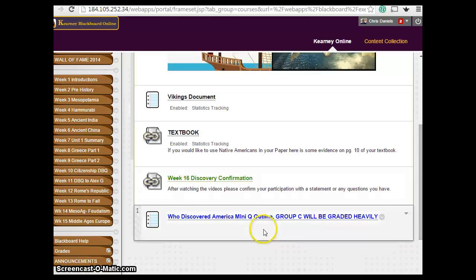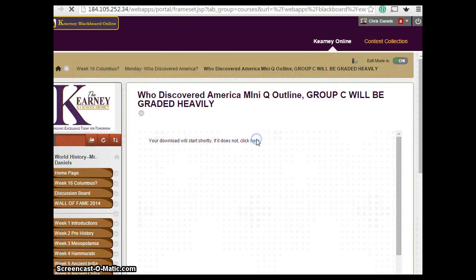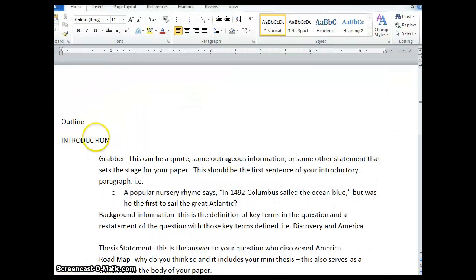So let's take a look at our outline and let's do some modeling here just a little bit. Okay, so when your paper opens, you want to work on your introduction. Your introduction is your grabber. This can be a quote, some outrageous information. Bottom line, you're trying to grab your reader's attention and introduce them into the paper.